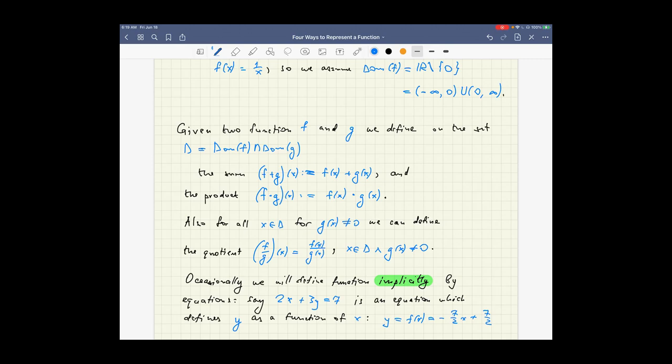Oops, that's not correct. It should be negative 2/3 x plus 7/3.